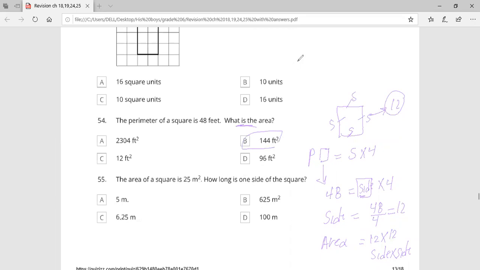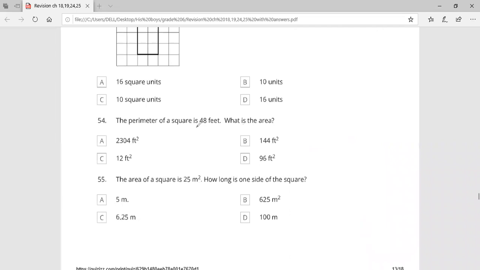Again, sometimes I give you the perimeter and you want the area. If I give you the area of a square, find the perimeter. Here the area is 25. The area is 25, find the perimeter. How do we get it? We have to find the side.